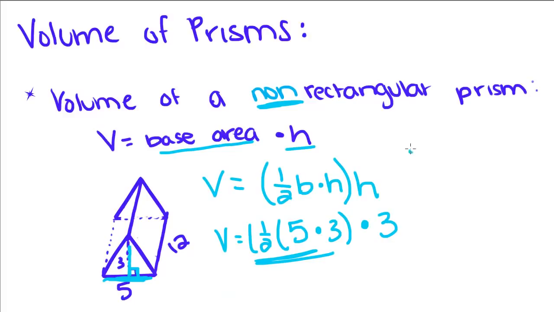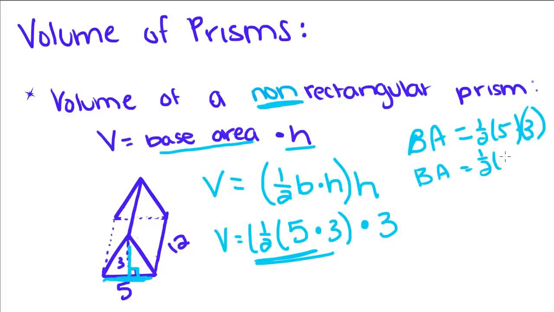So first we're going to find the area of the base, which we're just going to call BA. So 1/2 times 5 times 3, which is 15, so our base area is 15 halves.